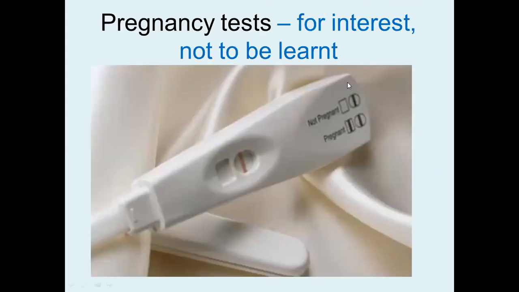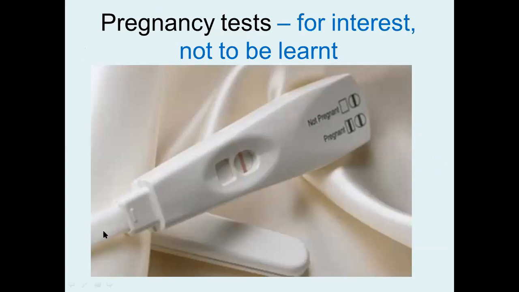So you don't have to know about a pregnancy test, but you do have to know, no, you don't have to know, I'm just going to show it to you, that at this end, down at the bottom left here, what you can't see here is a little absorbing piece of paper, part of the actual structure of the pregnancy test.